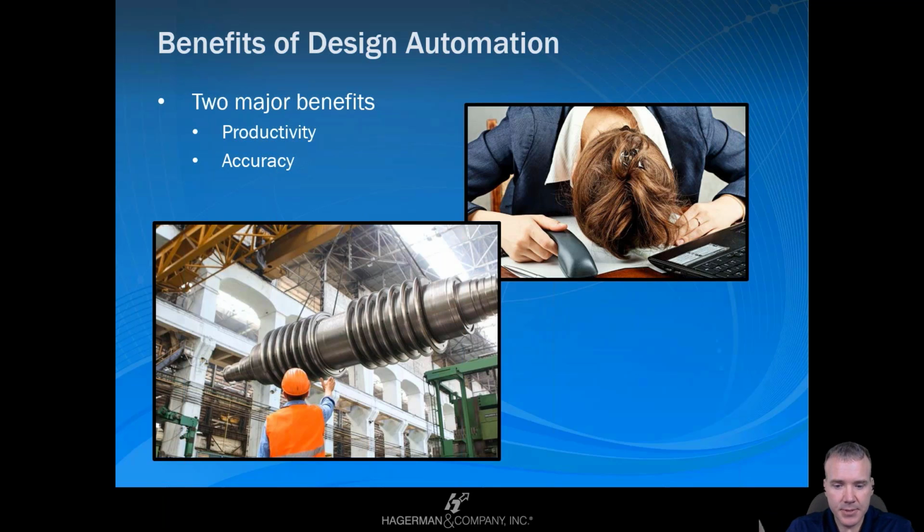Most engineers or people using CAD have a set of rules that they follow when they're designing a product. In some cases, there are very clear, well-defined rules that just need to be followed. In some cases, it's more experiential, right?